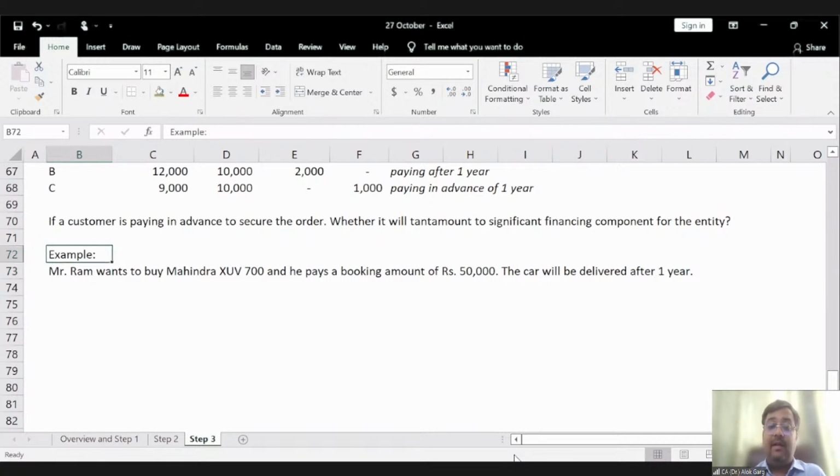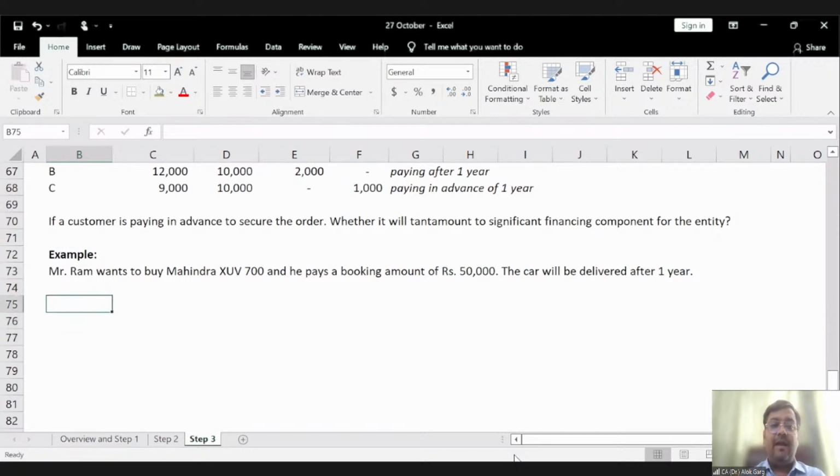So in the example, in your examination, you need to see what the facts given in the question are, right? If the question says that the customer has paid the booking amount in advance, in that case, you are not required to compute any significant financing component. In that case, whatever consideration you pay will be equivalent to the revenue which is going to be recognized, right? Second example.